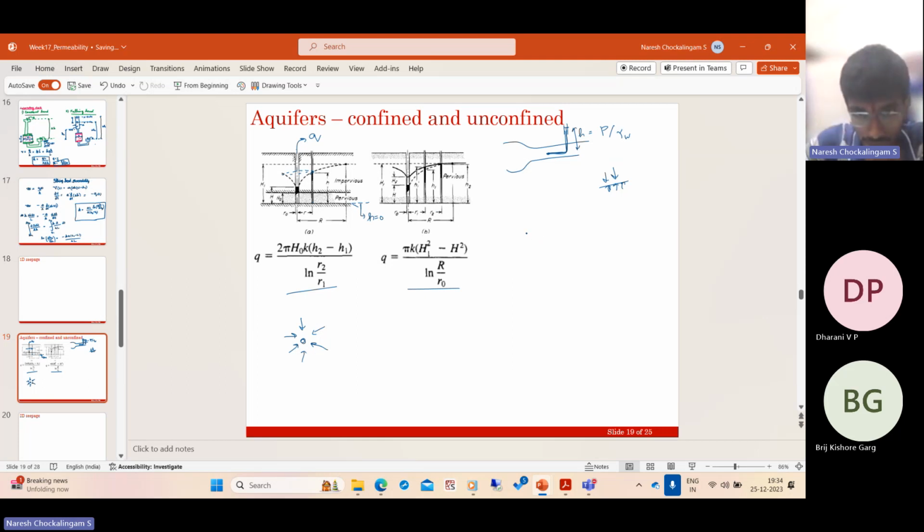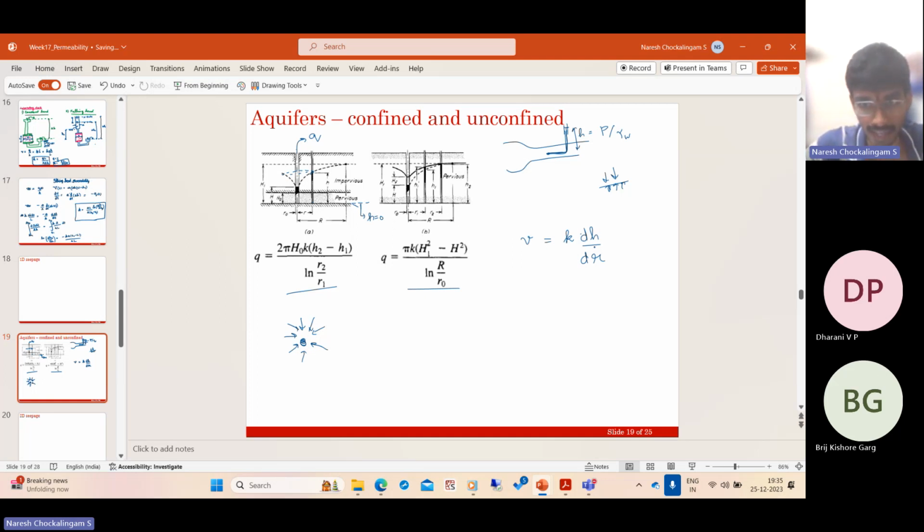Now in that case, again, you start with Darcy's law. So V is nothing but K times the hydraulic gradient. What is that? dh by dr. We are assuming the situation is axisymmetric. You have one point you're pumping, and from all directions water comes in equally. So this is the discharge velocity.